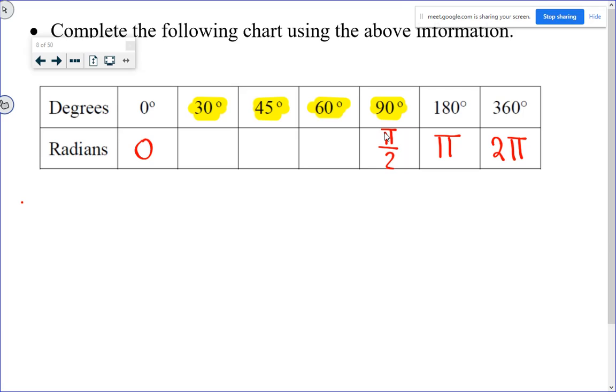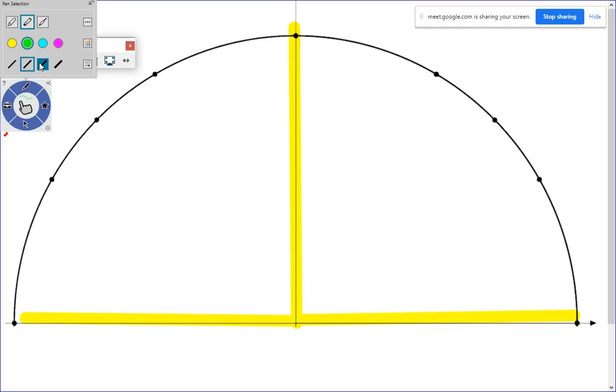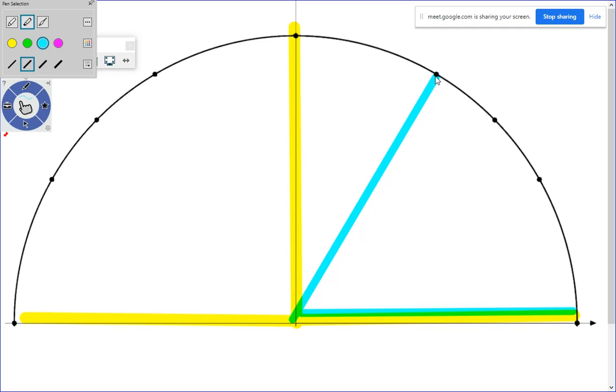If I go back now and I look at 60 degrees, 60 degrees goes into 180 exactly 3 times. So if I draw an angle from here to here, that's 60.